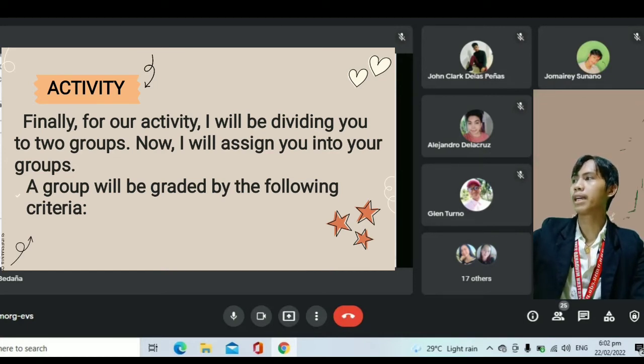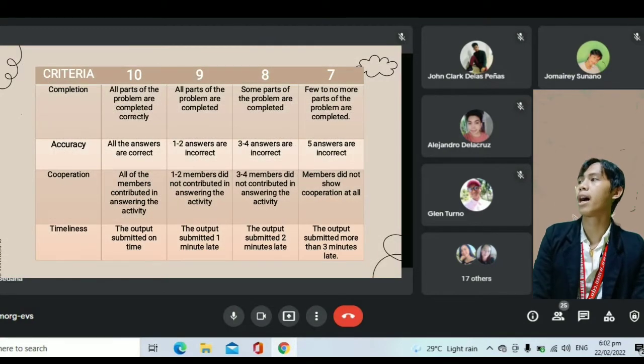Each group will be graded by the following criteria. Here is our criteria. For the completion, we have 10 if all parts of the problem are completed correctly, 9 if all parts of the problem are completed, 8 if some parts of the problem are completed, and 7 if few to no parts of the problem are completed.